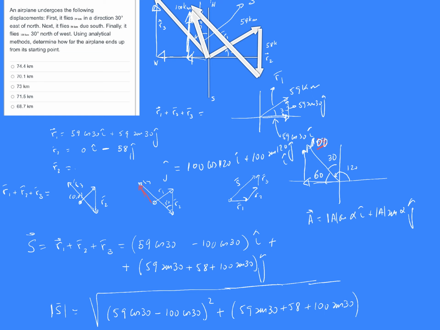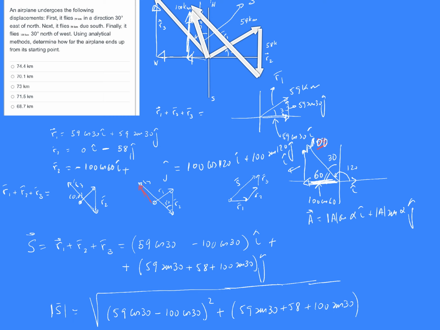Okay, this is the vector A, but I want to write it visually. So I want to write the sum of this vector plus this vector. If this is 60, this amount is 100 cosine of 60. And this is 60, this amount is 100 sine of 60. So the vector A is 100 cosine of 60 in the i direction, but all this amount goes in the minus i direction. i is going in this direction, so it should be this.